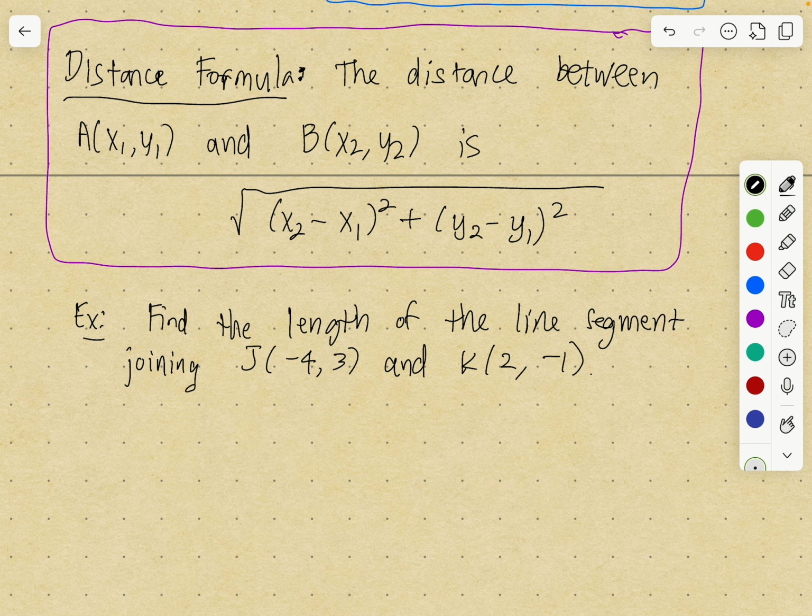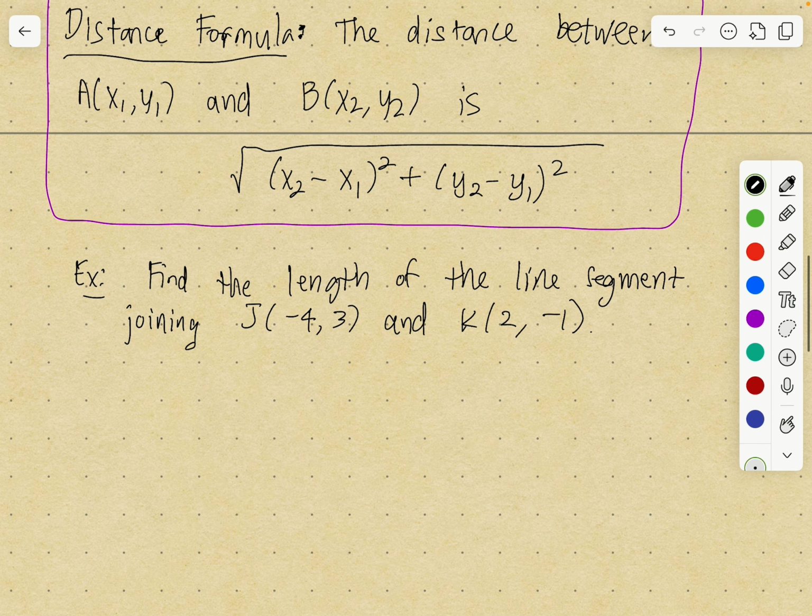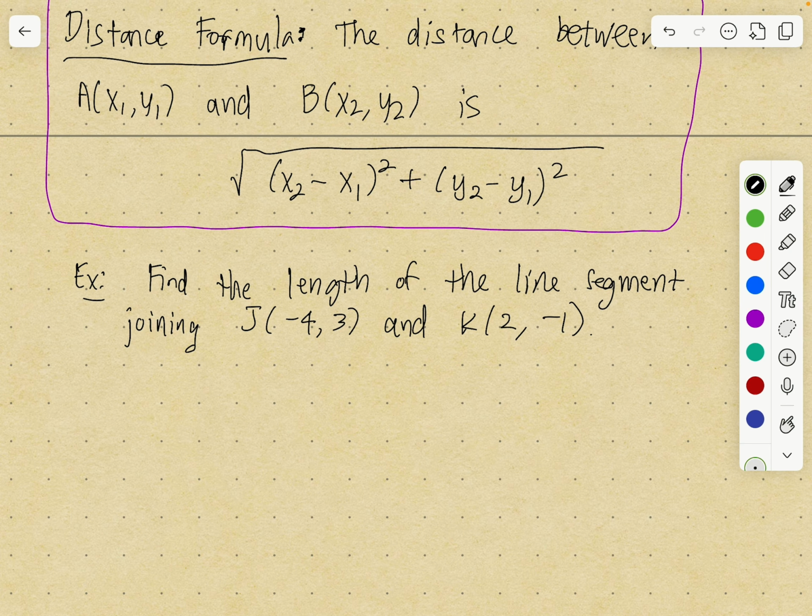Now you could, if you wanted to, draw a picture and label the points J and K, but since we have the formula and the question is asking for the length, let's just use the formula. So we need an x1, y1, and an x2, y2. Well, let's take J to be our x1, y1, and K to be our x2, y2.